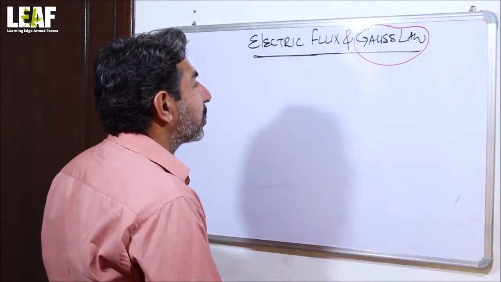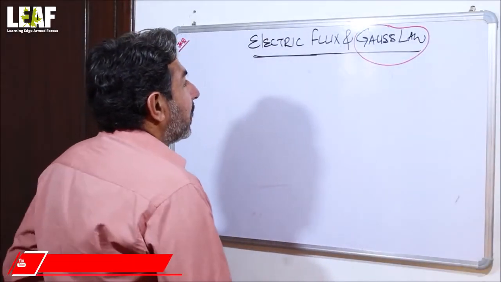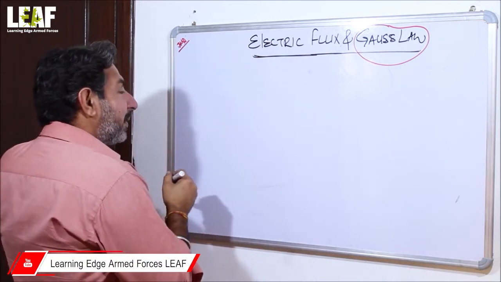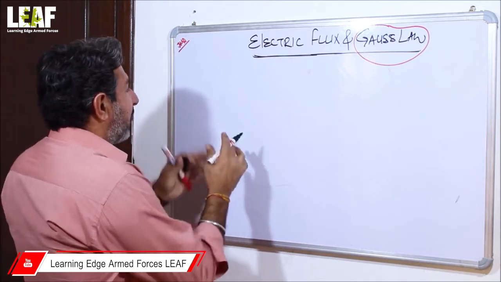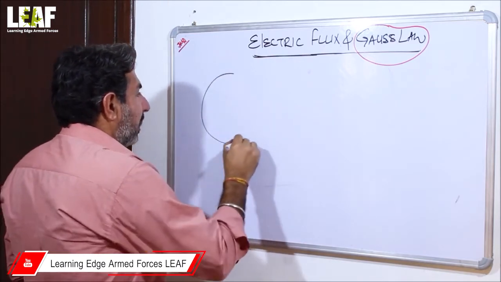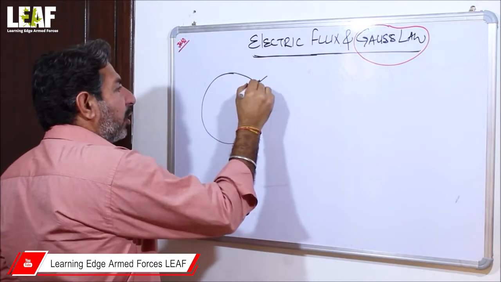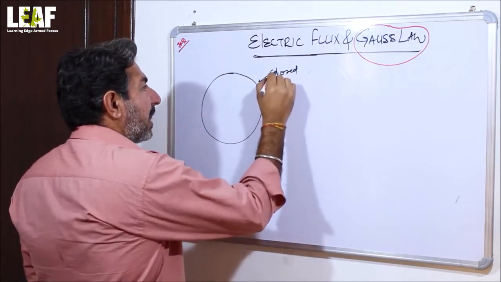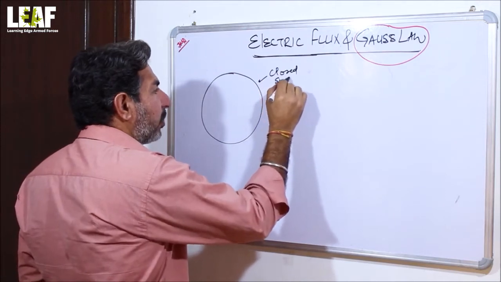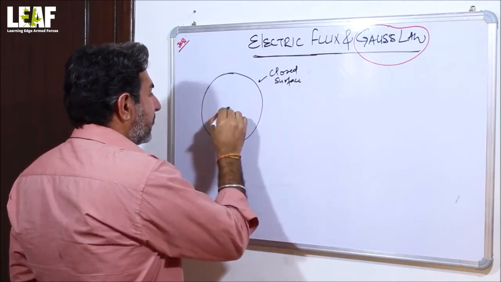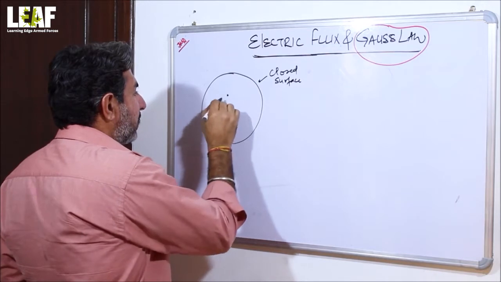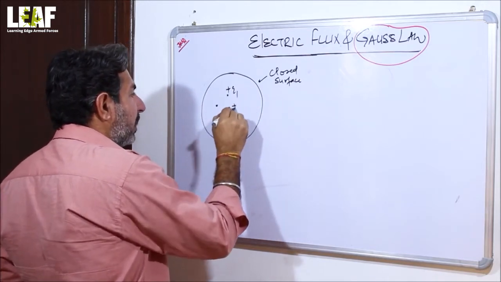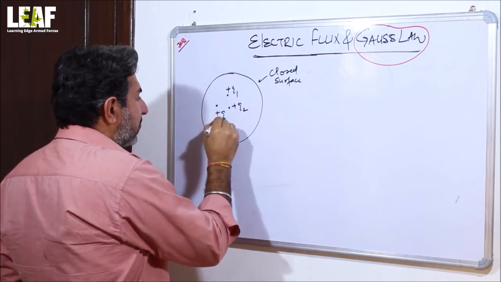Now let us discuss Gauss's law. What exactly is Gauss's law? It states that the total electric flux emanating out of a closed surface is proportional to the charges enclosed by the surface. Say this is Q1, this is Q2, and this is Q3.